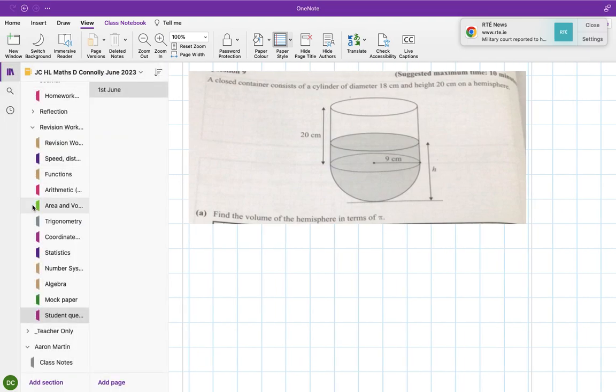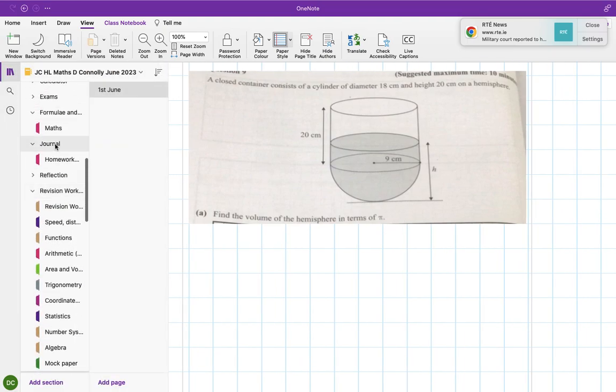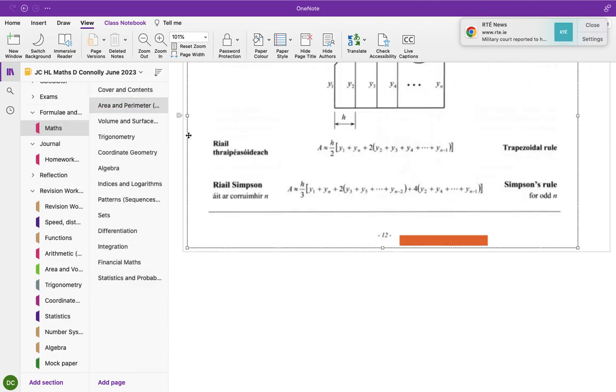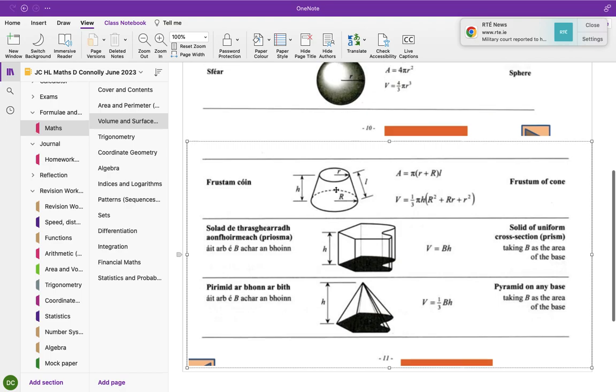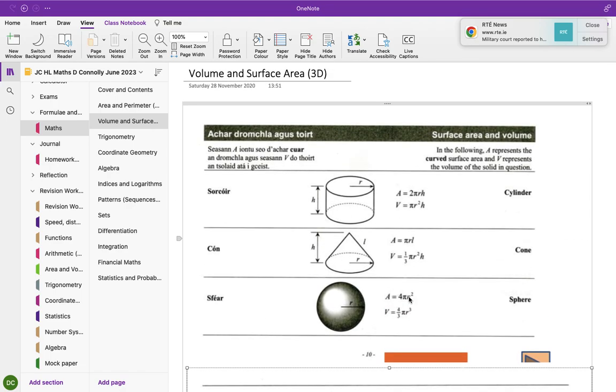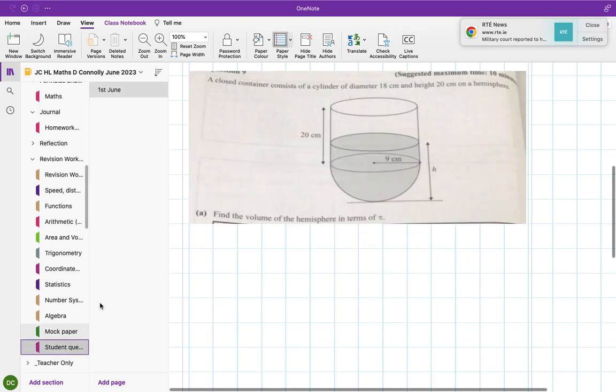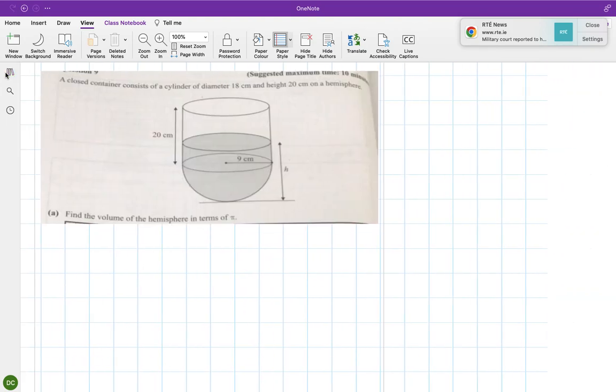Okay, so volume of a hemisphere, we are going to want the formula and tables book. We're going to want volume and surface area. Now, there is no hemisphere, but there's a sphere. So the volume of a sphere you can see here is 4 over 3 pi r cubed.